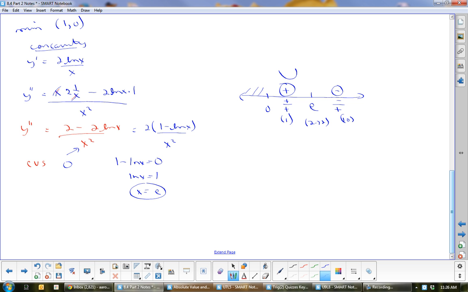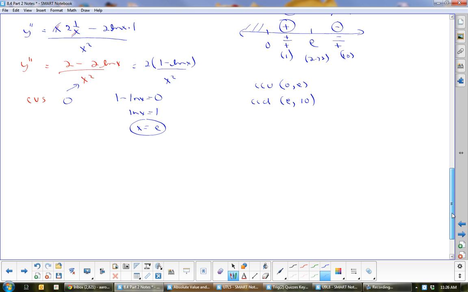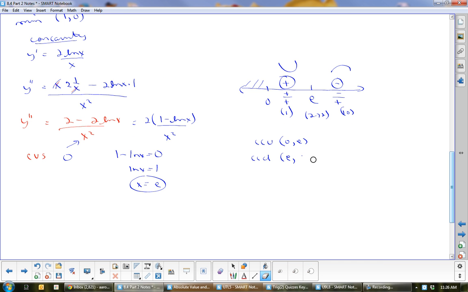Okay, happy, sad. So I'm concave up from 0 to e, concave down from e to 10. e to infinity, yeah, whatever that one. I like my 10.